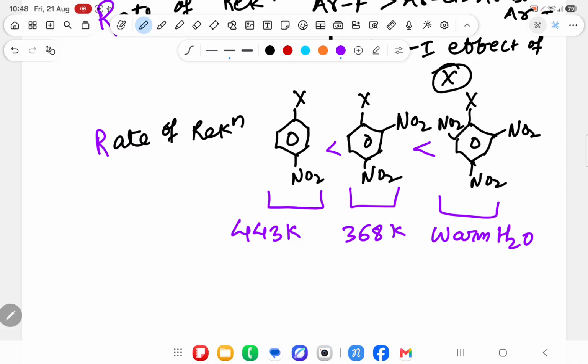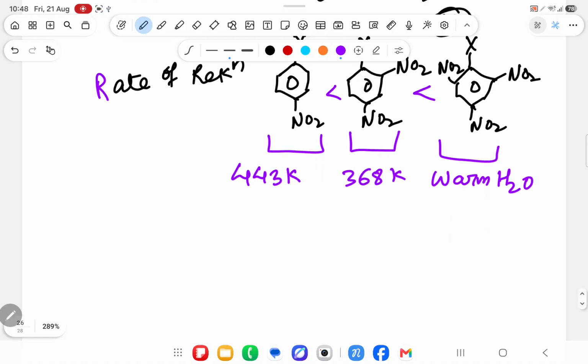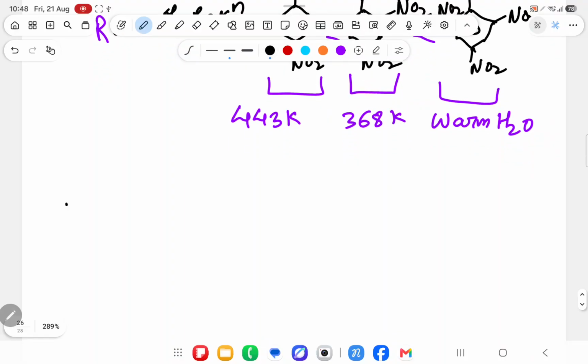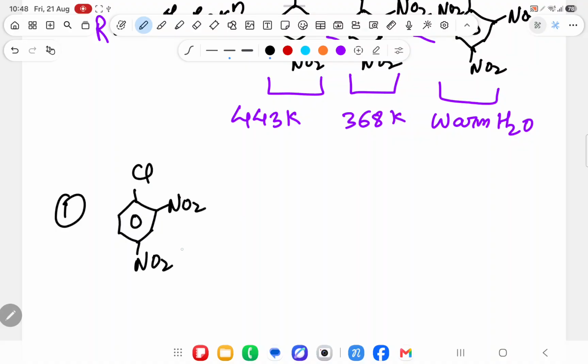Now I am going to write some questions to understand what I am trying to explain. First question: over here Cl, this is the benzene ring, over here NO2, over here NO2, and they say react with NH2. What happened?